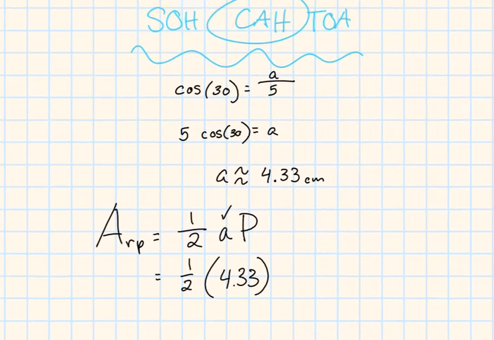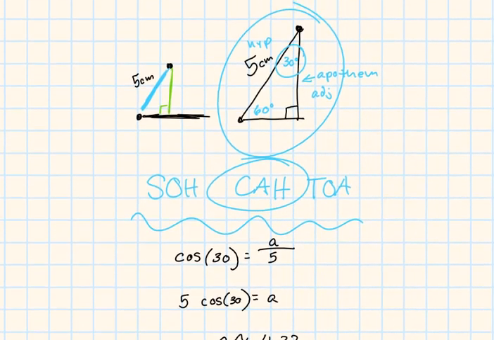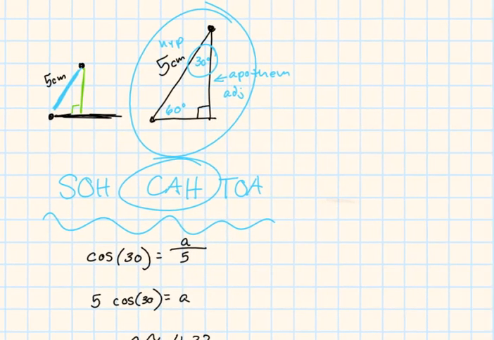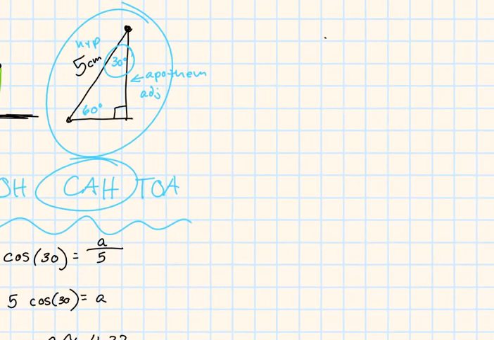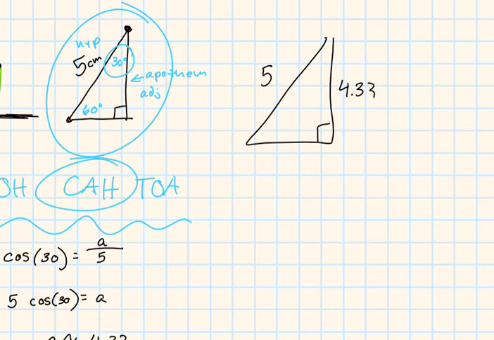So I'm going to go back up to my triangle here and use my new knowledge that this is 5 and this is 4.33. I also have 30 degrees in here and 60 degrees. I could use another one of my trig functions, or I can use the Pythagorean theorem to find my third side. So I'll just use the Pythagorean theorem. I'll make this b.